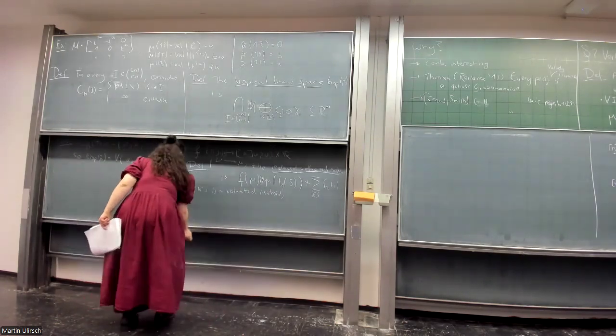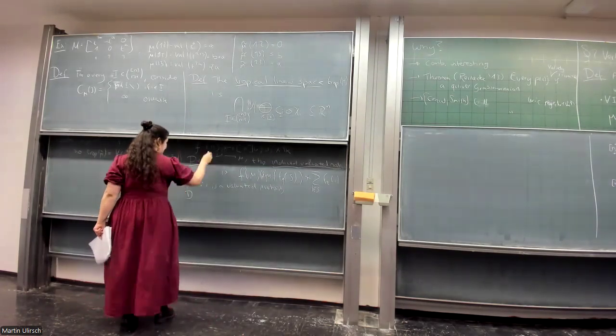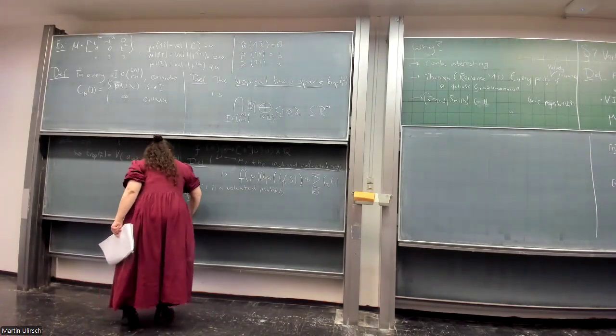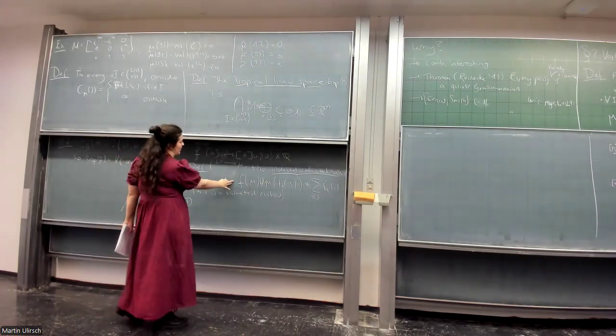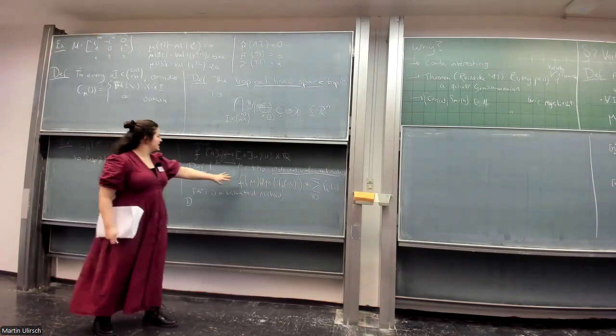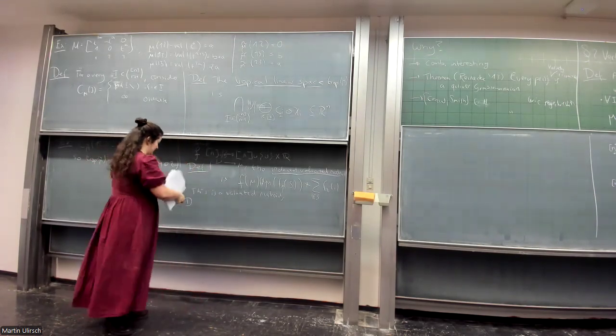I am saying that the map f is a morphism of valuated matroids if this valuated matroid is matroid theoretically contained inside of mu.